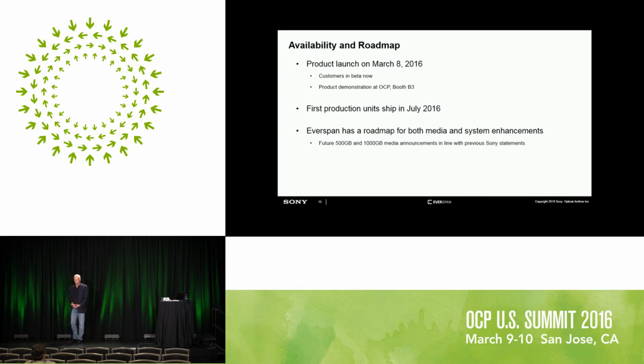The product demonstration we do up here is in booth B3, and we do our first production unit shipments in July this year. We follow the roadmap for the media, which was announced earlier last year in 2015. The next media capacities will be at least 500 gigabyte and at least 1 terabyte.